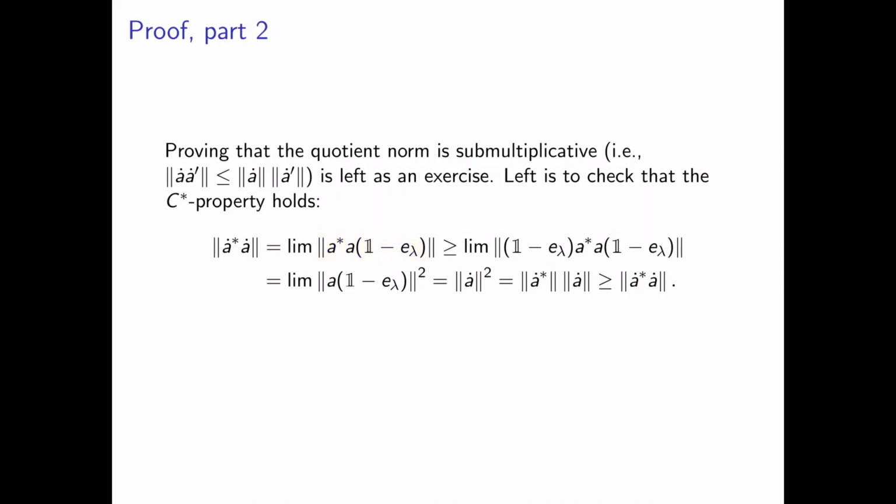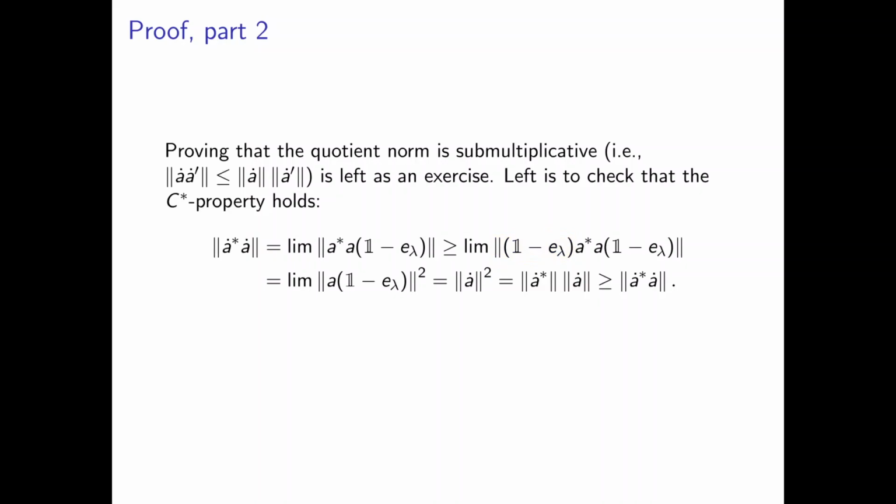And now we use the submultiplicative property again of the Banach algebras. So that means that if we multiply by this element, then the result here must have a norm less than or equal to the norm over here, because this factor here is a positive element with norm less than or equal to 1.